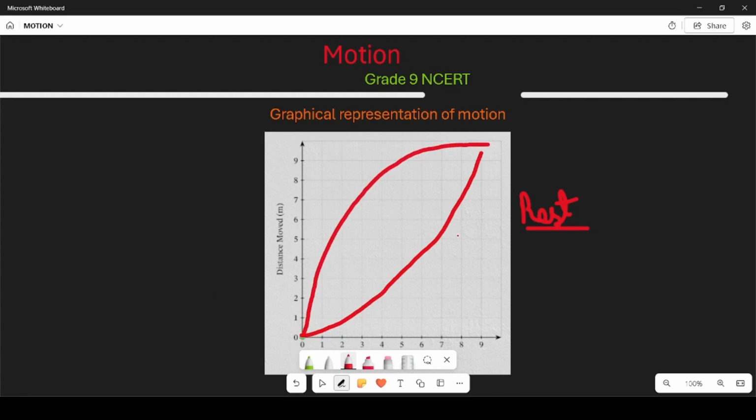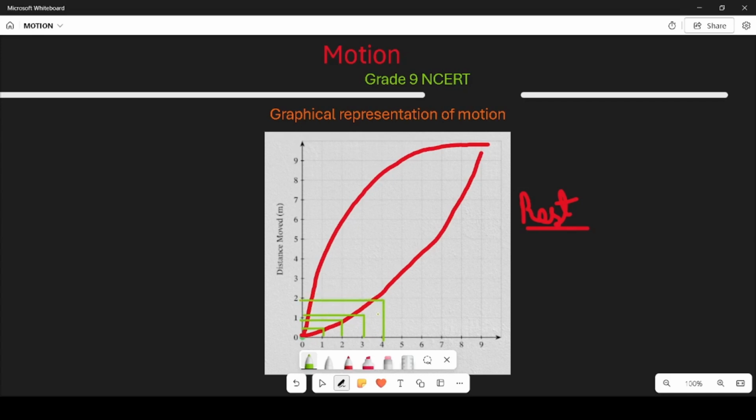Both of these are correct for non-uniform motion, because as you can see, I'm talking about this one, for 1 meter it isn't covering 1 second, but for 2 meters it's covering 1 second, and for 3 meters it's somewhere around 1.2, and for 4 meters it's at 2 seconds.